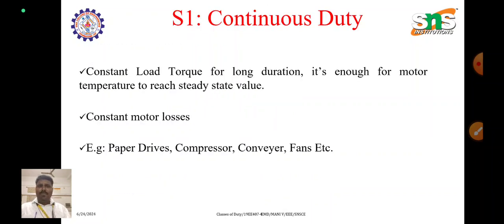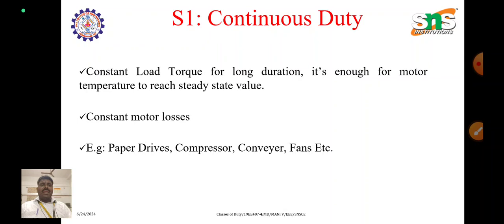So the first one, continuous duty. What is called continuous duty? Constant load torque for long duration. The motor is operating under full load for a long duration, more than 60 minutes, that is more than 1 hour.